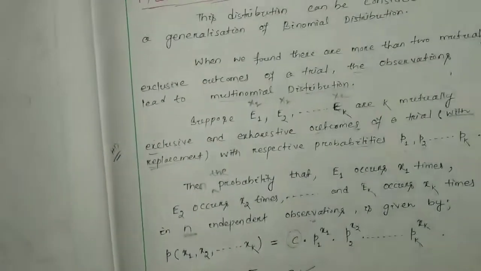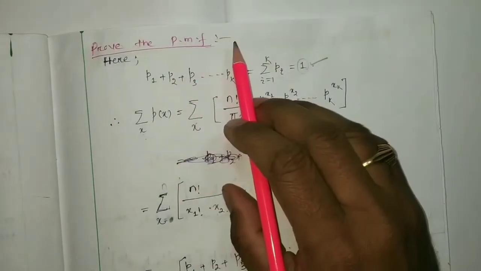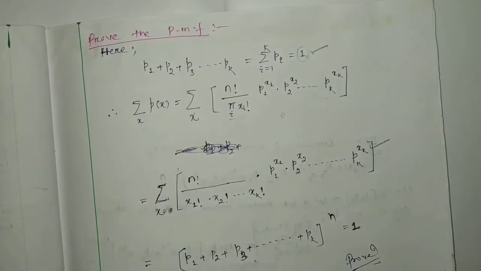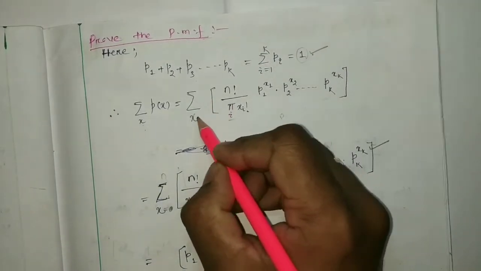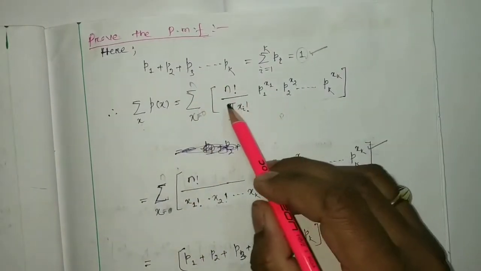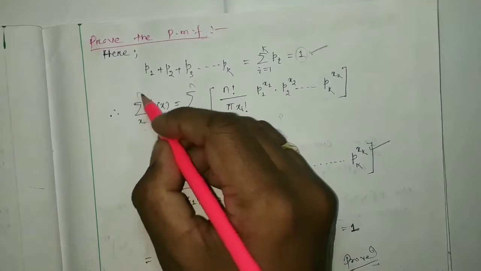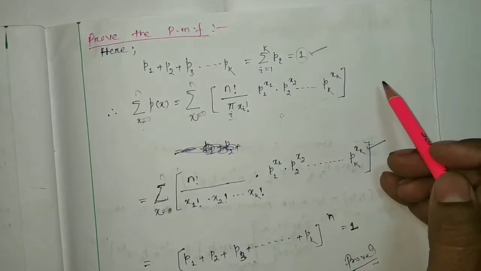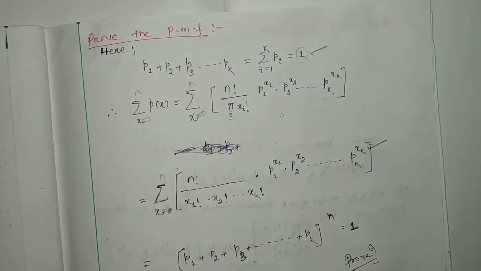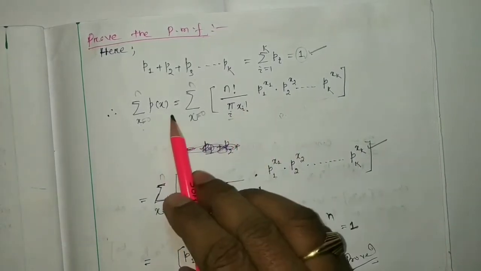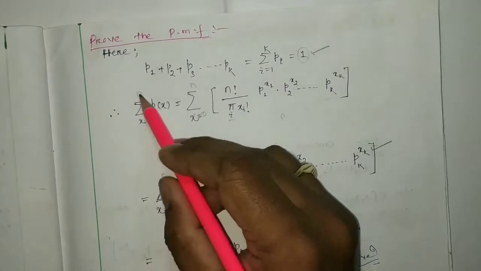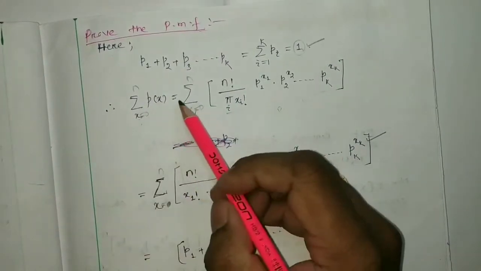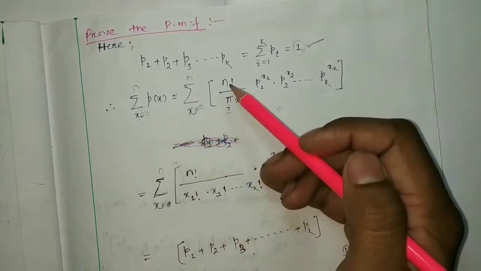Then we are going to go for the proof of the PMF. That means if I add this PMF over x equal to 0 to n, it has to give you the value one.